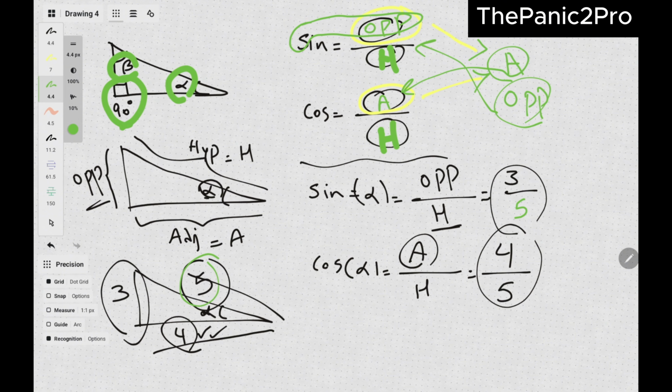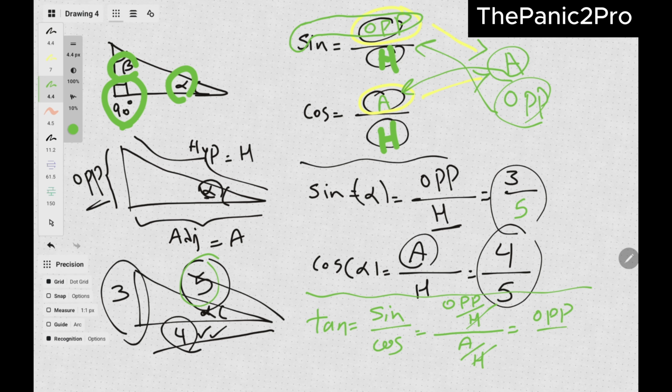Okay, now let's see how we can calculate the tangent. Tangent is always sine divided by cosine. Let's start with that. Sine was opposite over H, cosine is adjacent over H, and these H's can be cancelled. It's going to be opposite over adjacent.